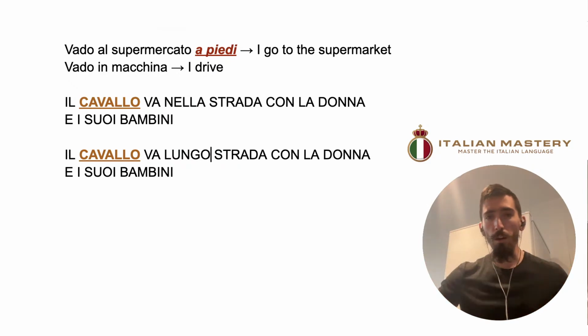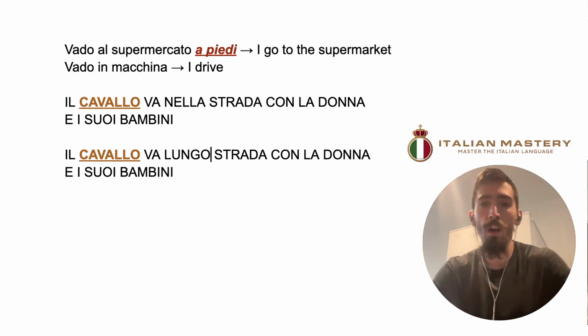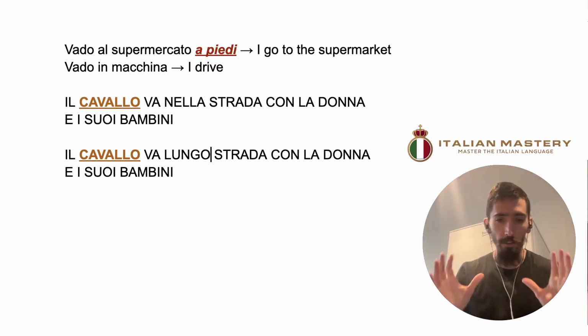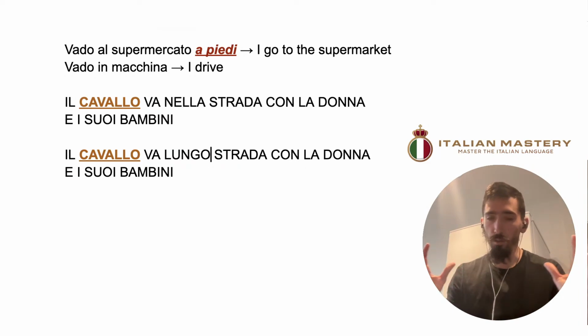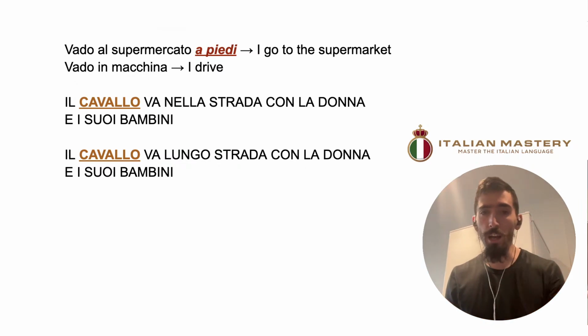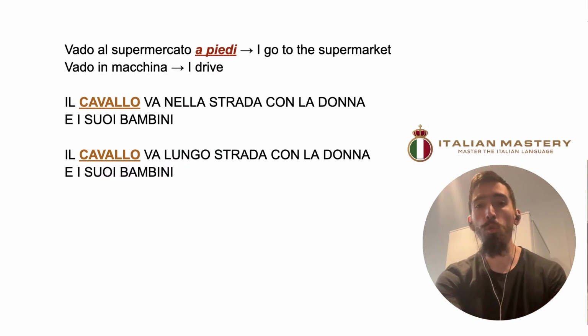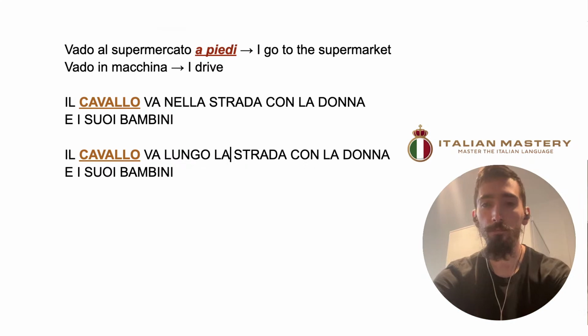There's a road and the horse just goes into it? Or as if it was a pool or a very confined place, location? Or is there a very long road, as far as you and I know, and the horse is going along that road? So, va lungo la strada.